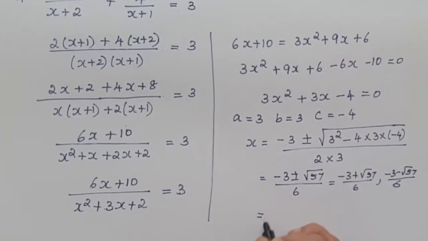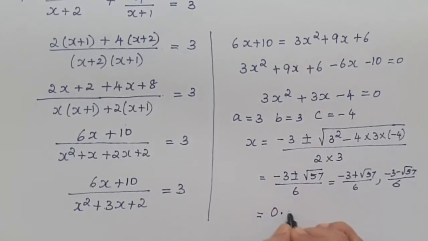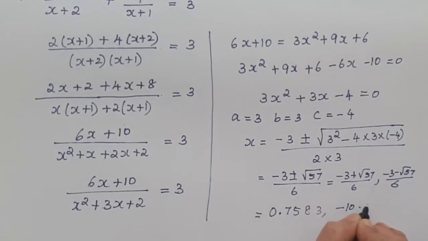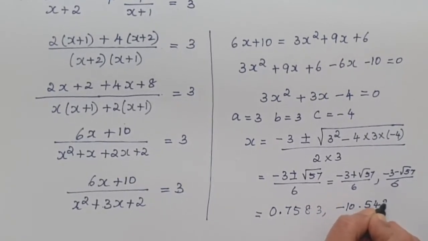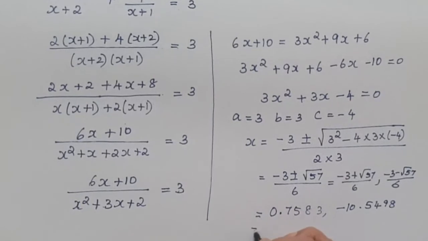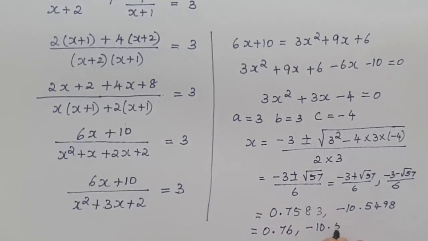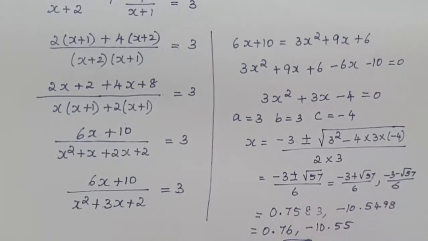So when we simplify it, we get our answer as 0.7583 and minus 10.5498. So it will be equal to 0.76 and minus 10.55. These are the two answers.